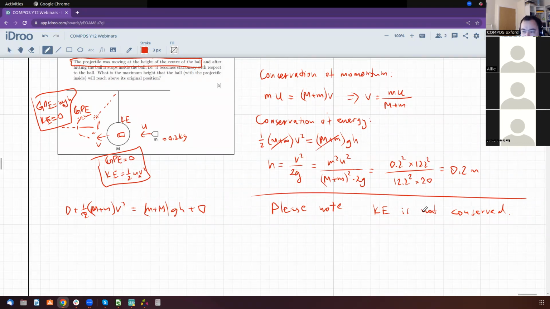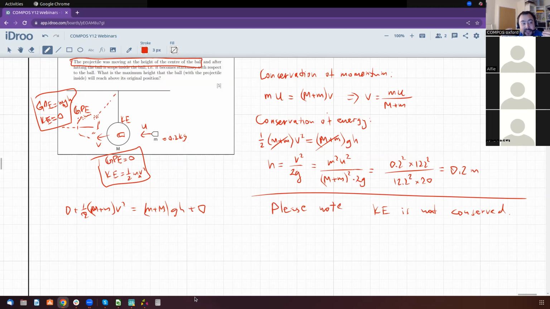Nothing to do with mass, Alistair. Energy lost in collision, what does that mean? Object is deformed, Louis. Yes, well done. When the bullet is embedded, the ball will be deformed. Yes, it causes damage to the ball.